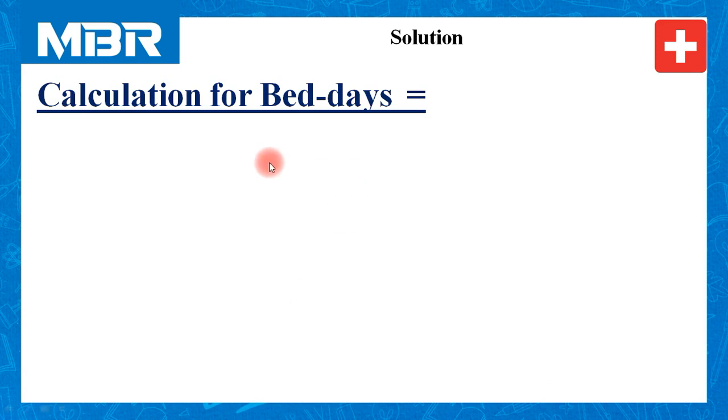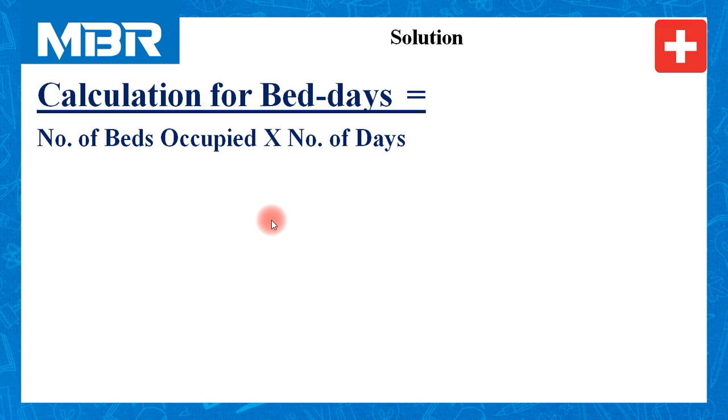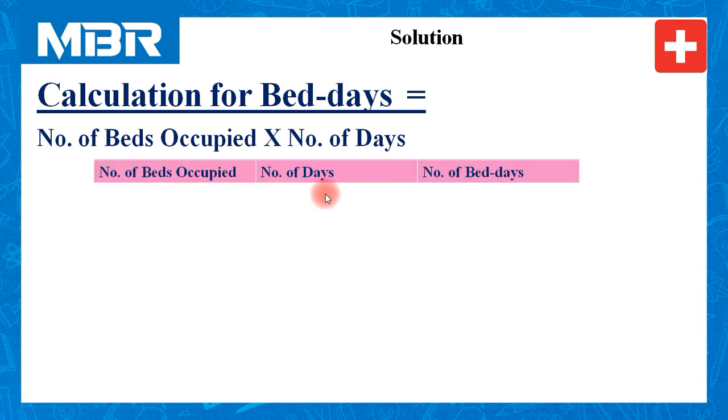As you all know, calculation of bed days is based on two factors, that is, number of beds occupied multiplied by number of days. Now, we need to prepare a table: number of beds occupied, number of days, and in the third column, the result of the multiplication of number of beds and number of days. That is referred to as number of bed days.